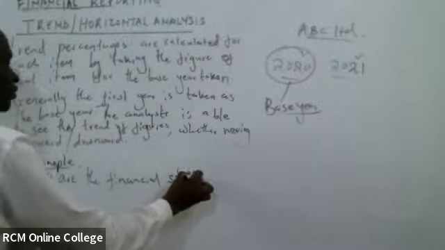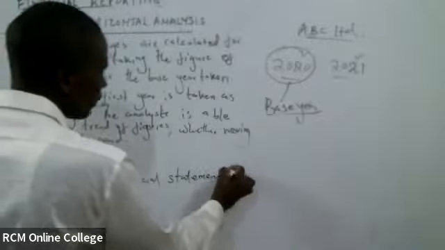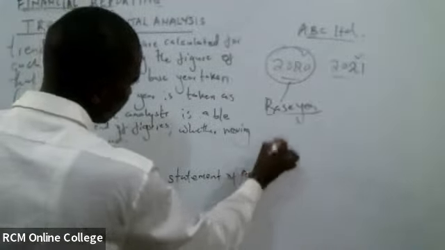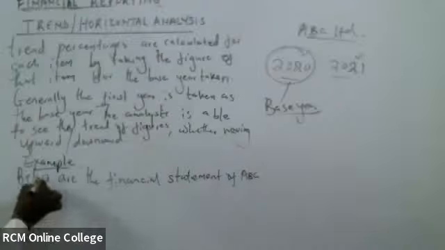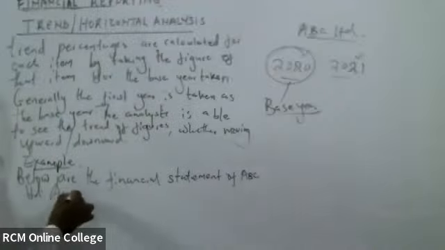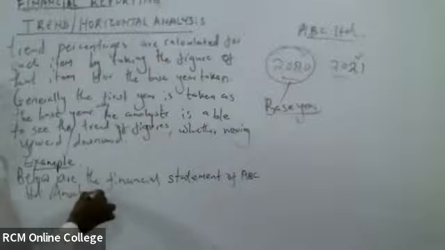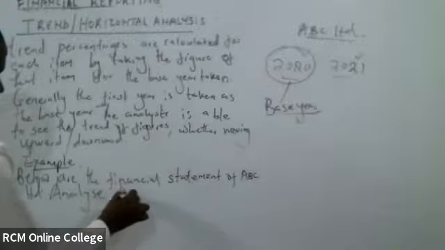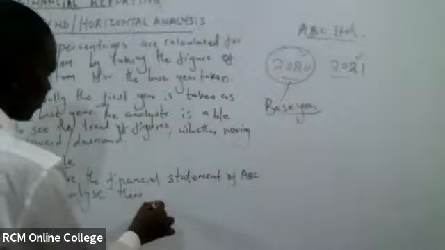Below are the financial statements of ABC Limited. Analyze them using the horizontal method.